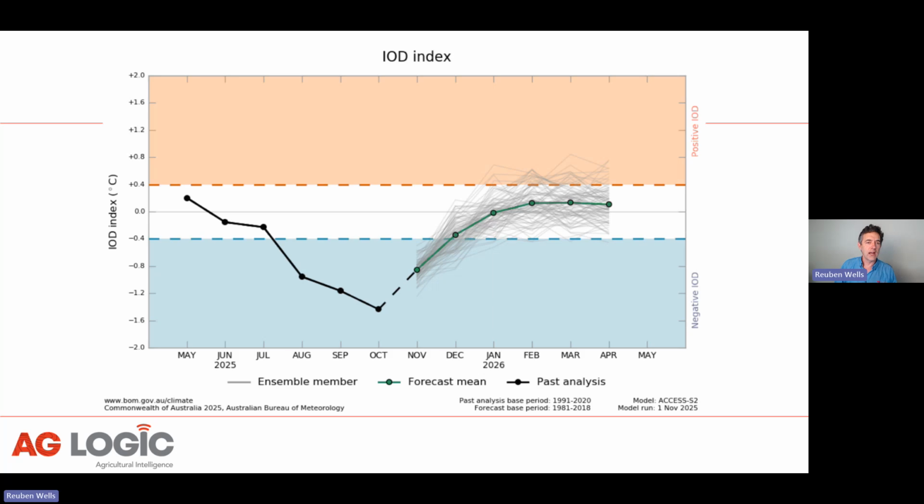This is what the forecast IOD is for the next few months. Now, it's kicking back up again, and that's what it almost always does. So the monsoon season kicks in and that lifts it back up. It's worth noting that it hasn't actually come up yet, but this will be updated regularly. And those squiggly grey lines are all the different models that are out there. So every model in the world agrees that it's going to come back up. So we're not going to see this for long, but we've certainly got it now.